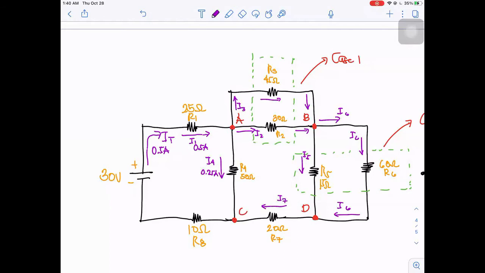So I5 and I6 will meet on this junction at point D, and the resulting current will be I7, and there's a last current that will flow in our circuit, and that is our current I8.